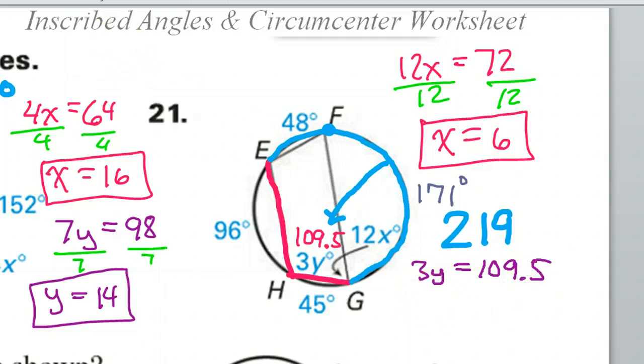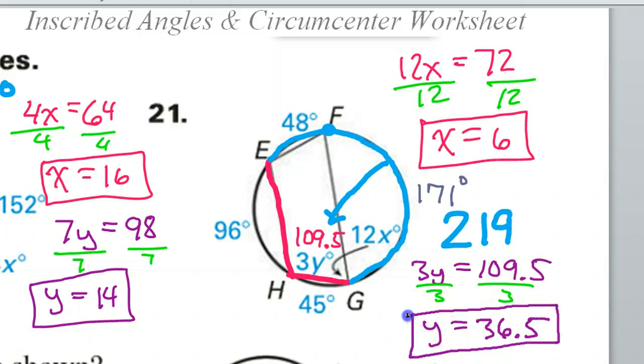So I'm going to divide both sides by 3 to get y. So y should equal 36.5. Okay, so those are the two values for problem number 21.